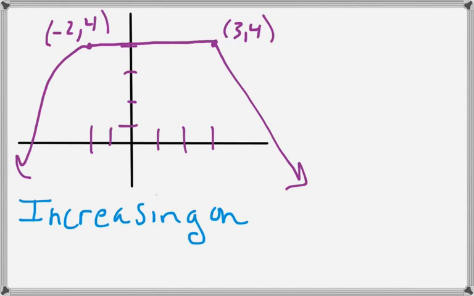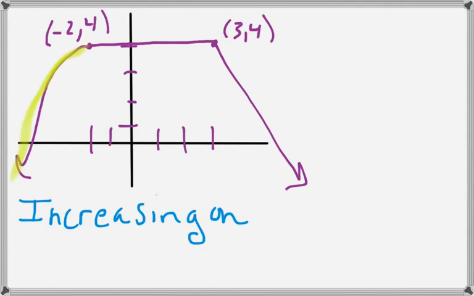So again, increasing means that as we move from left to right, the y values get bigger, which means that the graph will be going up. So on this graph, that happens right here. That's the part that's increasing, going up from left to right. And again, we want to use the x values to identify this interval.